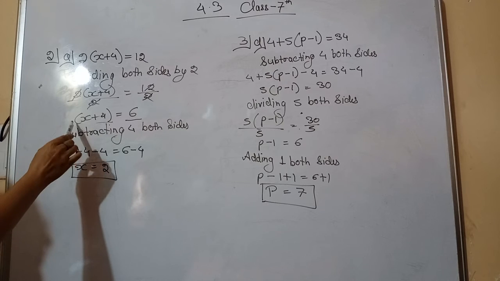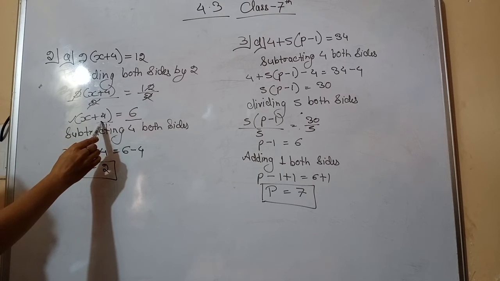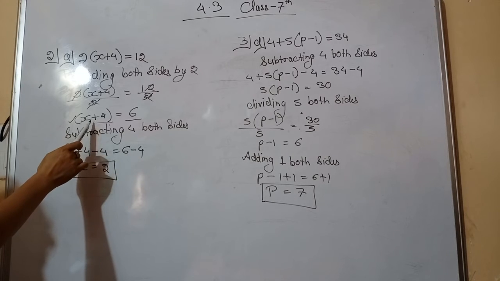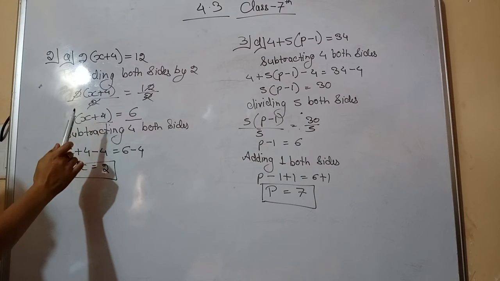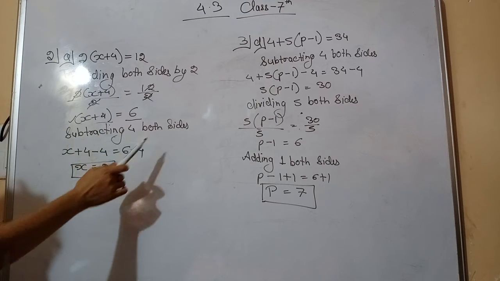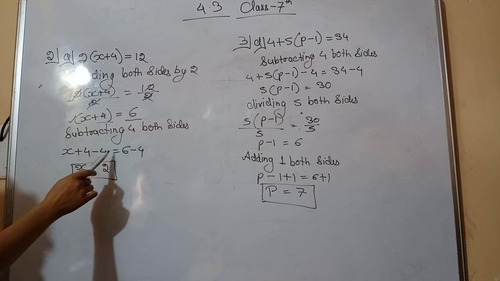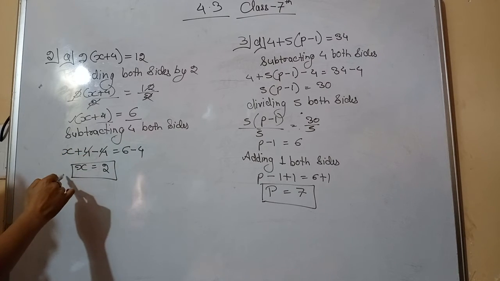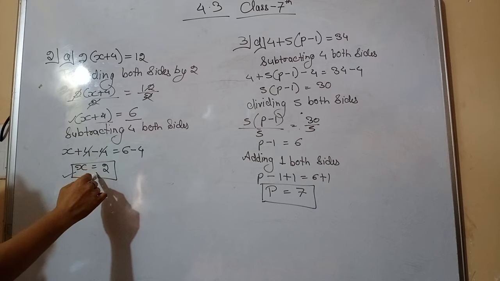Now you can see with this variable what is the constant? Constant is 4. I have told you the rules that what is the opposite of addition? Opposite of addition is subtraction. So we will subtract the same constant both sides. So subtracting 4 both sides: x + 4 - 4, and this side also 6 - 4. Plus 4 minus 4 cancel out, remaining left is x, and 6 minus 4 gives us 2.